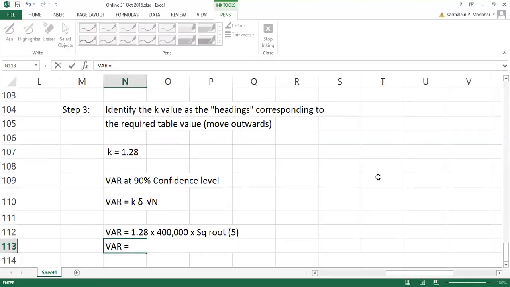114.5, rounding to the nearest thousands.